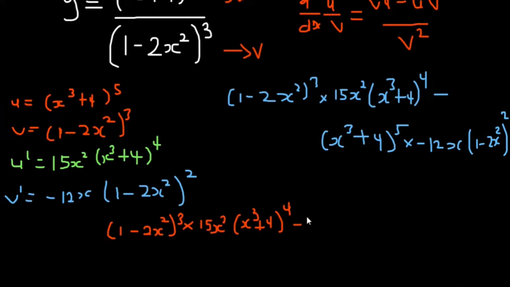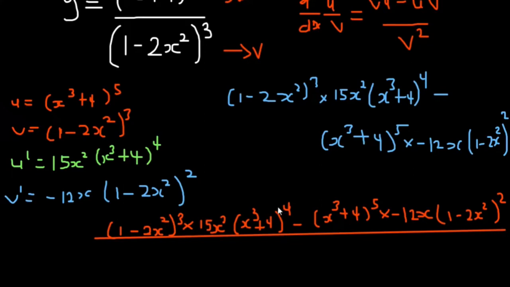Okay, minus x to the power 3 plus 4, all to the power 5, times minus 12x into bracket 1 minus 2x squared, all squared. So all this divided by v squared. So all this divided by 1 minus 2x squared to the power 3, all squared.